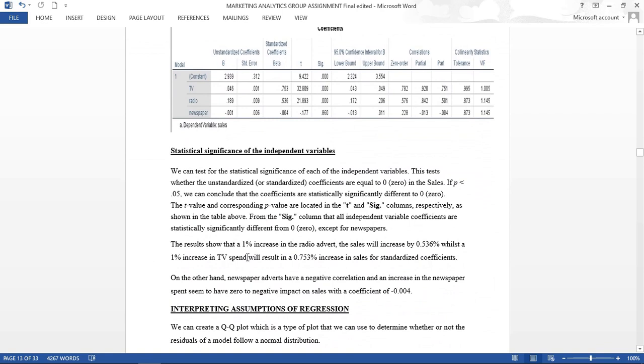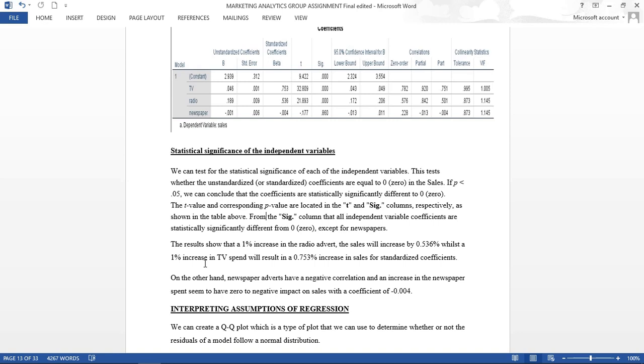Results from that equation show that a 1% increase in the radio advert, the sales will increase by 0.536%. In this case, I'm interpreting the standardized coefficients. Whilst a 1% increase in TV advertising spend will result in a 0.753% increase in the sales.